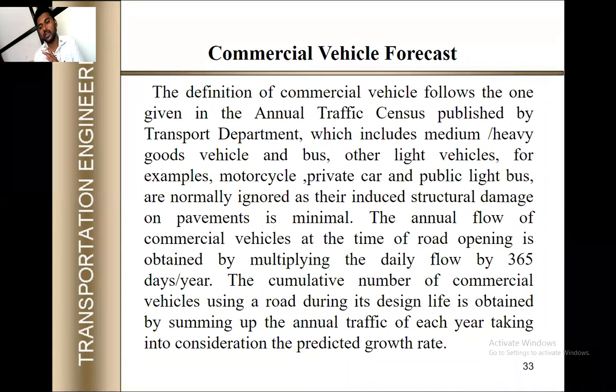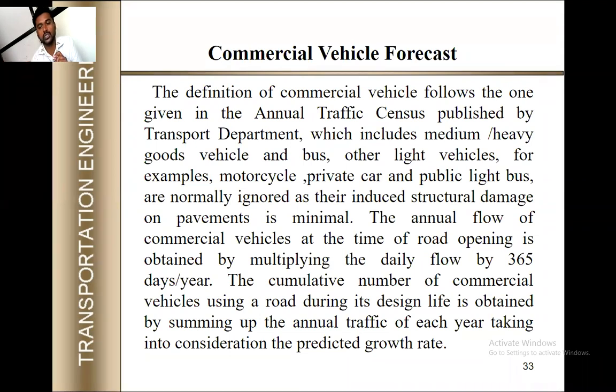The cumulative number of commercial vehicles using the road during its design life is obtained by summing the annual traffic of each year, taking into consideration the predicted growth rate. We need to accumulate each year's commercial vehicle traffic forecast, summing it up while assuming growth of the traffic.